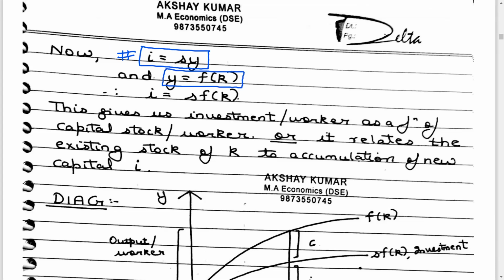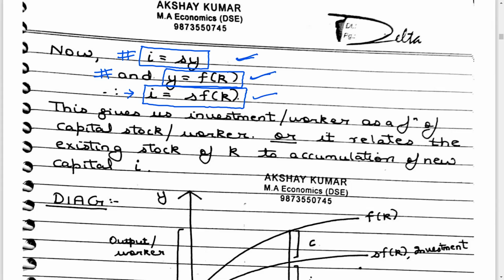So guys, from this equation and this equation, investment is equal to savings, S into Y, and Y is a function of capital stock per worker. So from both these equations, I can write investment is equal to S times Y, which is nothing but S times f of k. Okay, so from this equation and this equation, we get this equation.